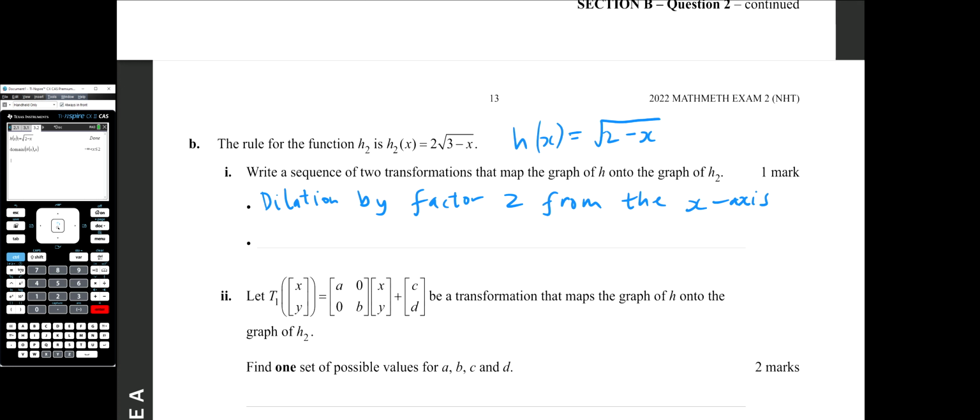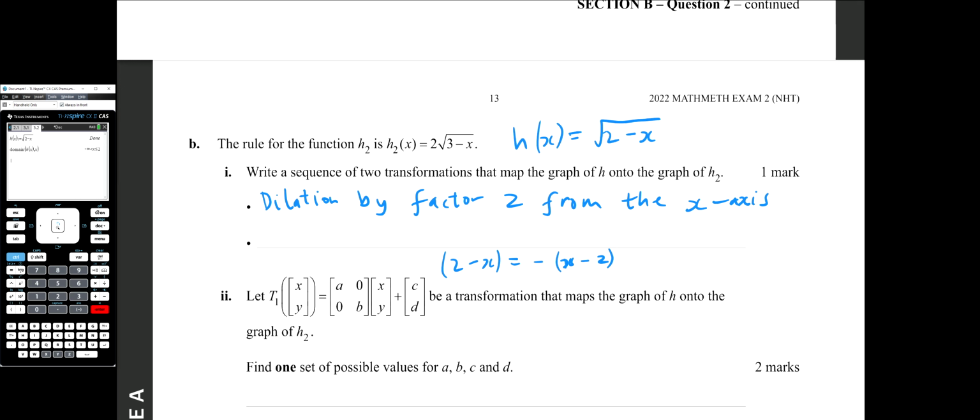Now for the second dot point, we need to get √(2 − x) over to √(3 − x). The best way to do this, we need to do a little bit of working. So 2 − x is the same as −(x − 2), and 3 − x, for similar reasons, is −(x − 3).